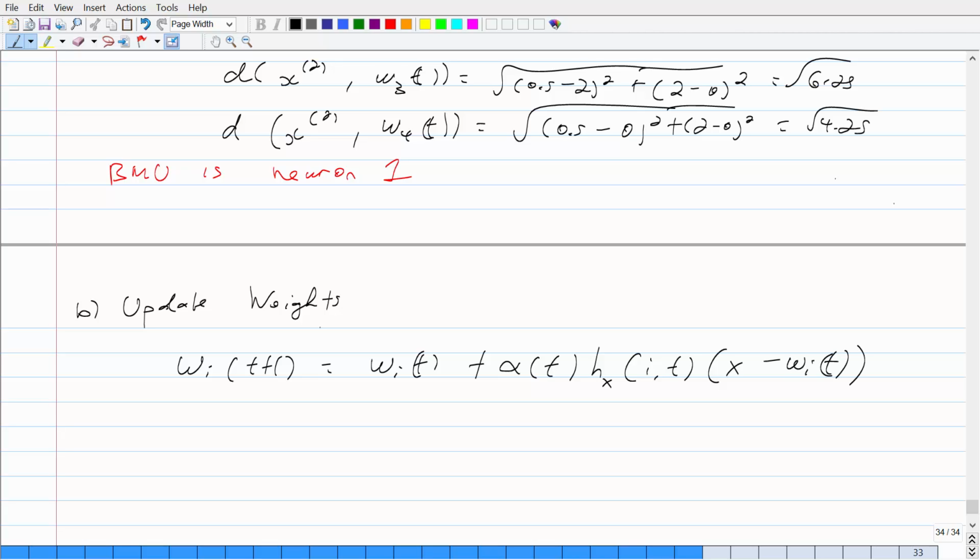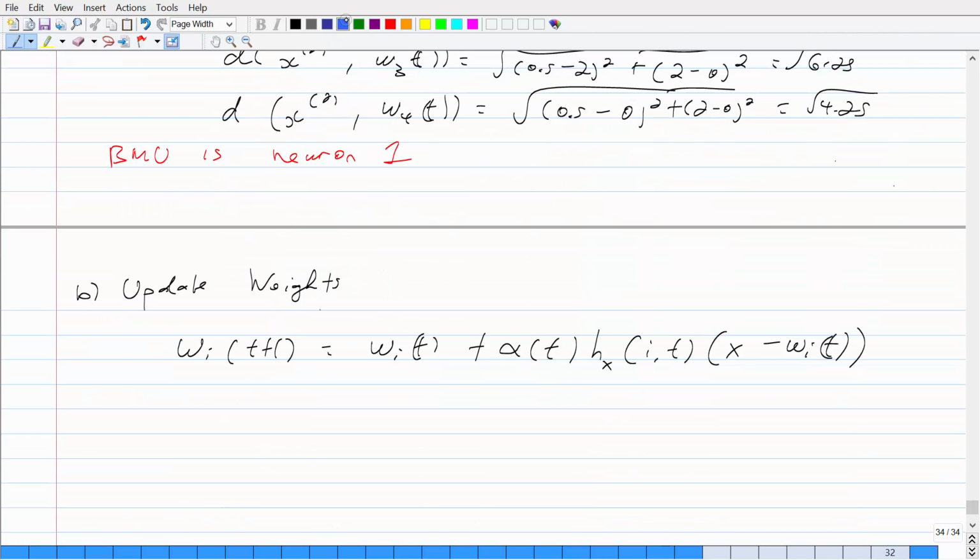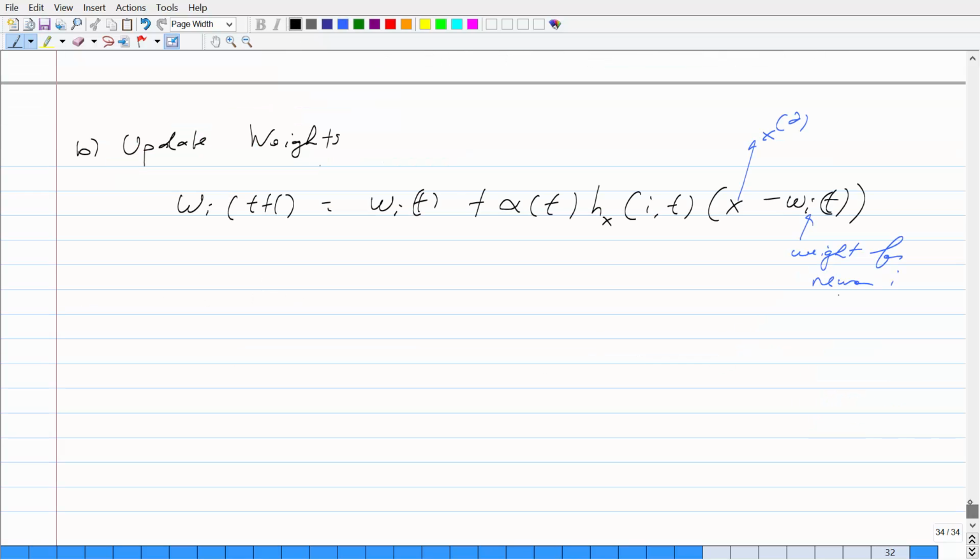Okay, so this would be training example number 2, and then this will be the weight for neuron I, okay? So what I like to do first is to calculate each of these.